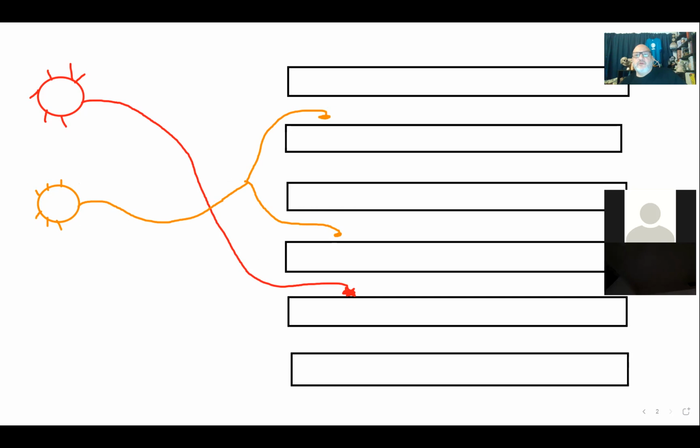And we'll throw a green one on here as well, with a single axon that branches.